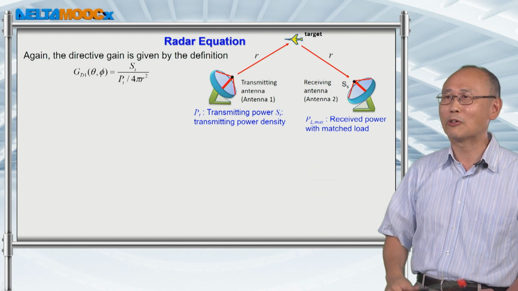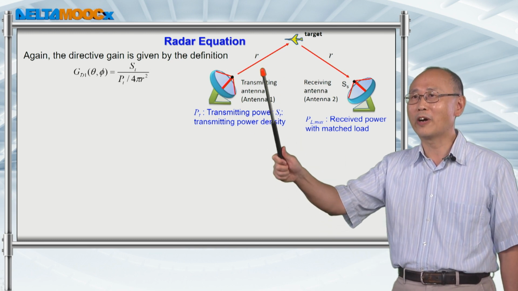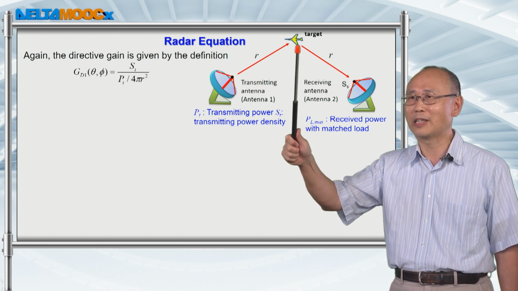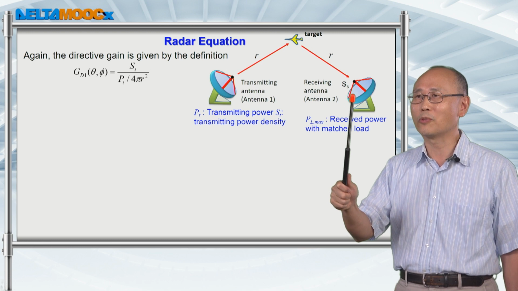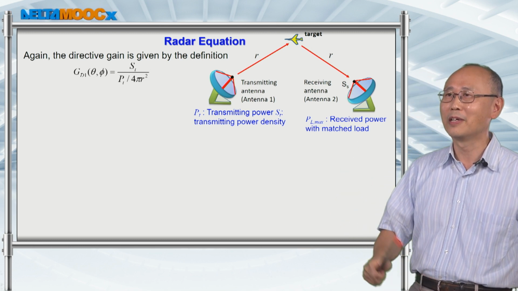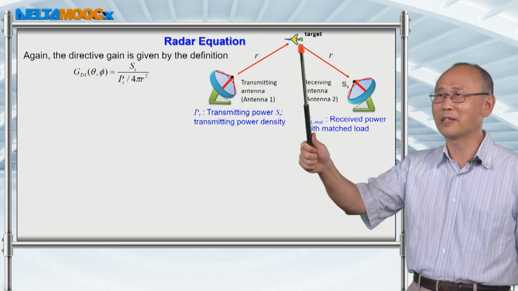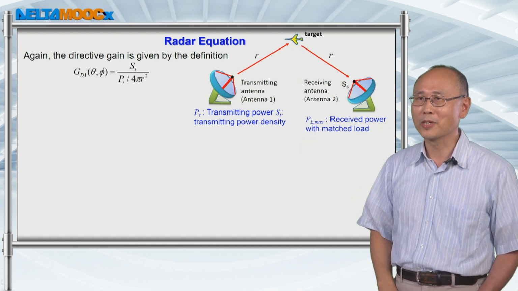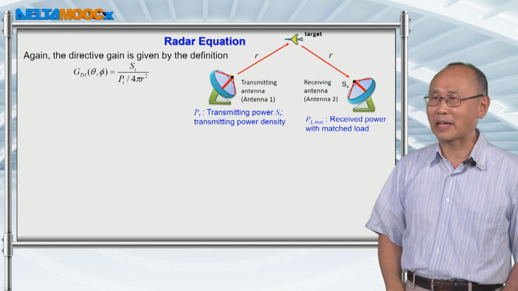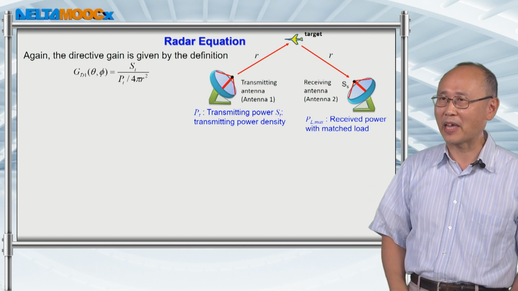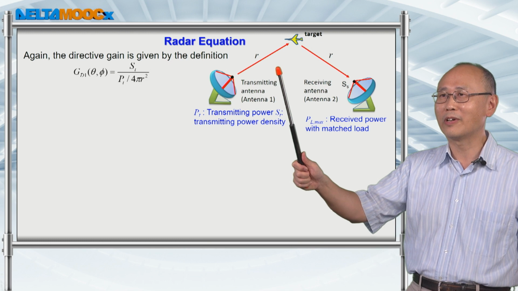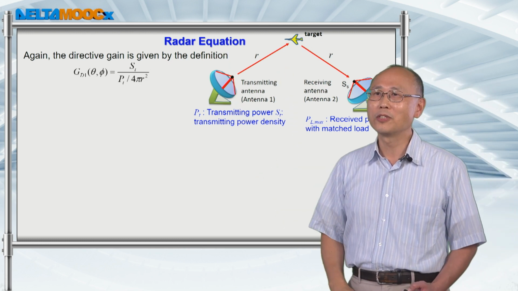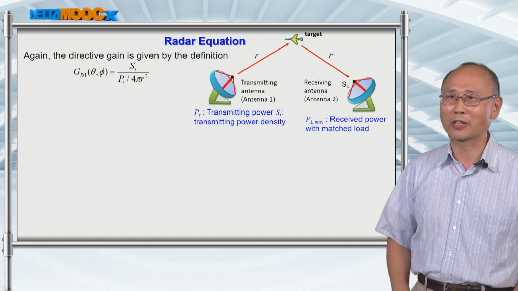So you expect a 1/r² dependence between the transmitting antenna and the object intercepting the power, and another 1/r² dependence between the target and the receiving antenna. In the end, you should expect a 1/r to the fourth dependence of the power for this radar equation. Let's verify this by doing the calculation.